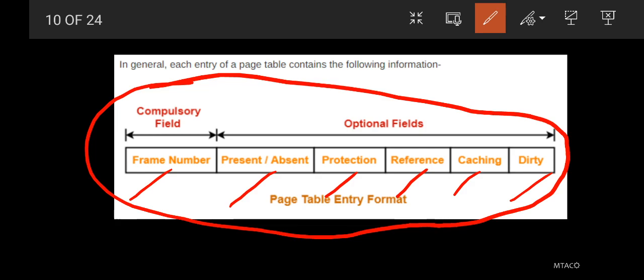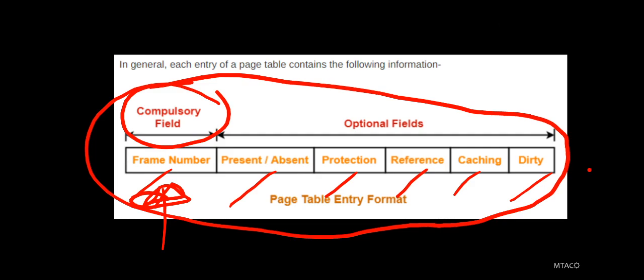Your frame number is a compulsory field, meaning it is mandatory. You should have a frame number, while the other fields are optional. They may or may not be present. That is the entry of your page table.